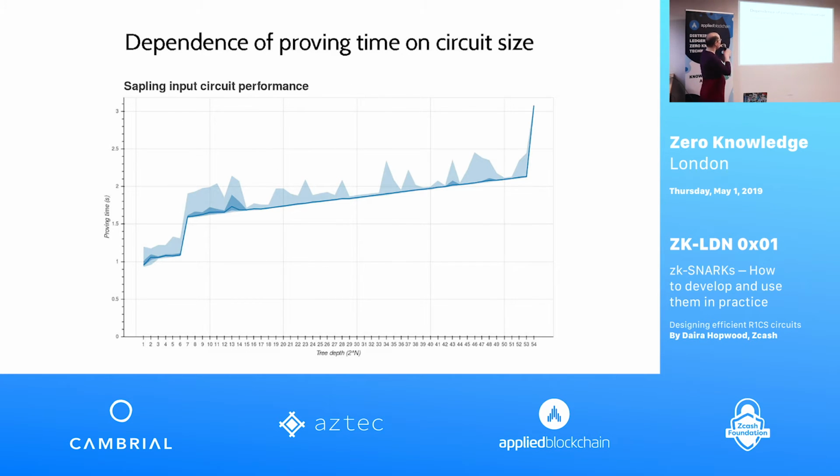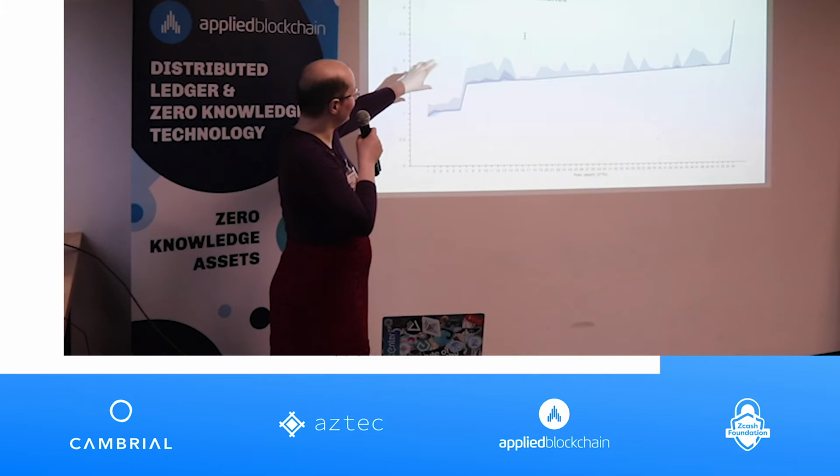Okay, so here, for example, is a particular circuit that we use in Zcash. It's a simplified version of it, actually. And the vertical axis here is proving time for our statement. The horizontal axis is roughly the size of our circuit.